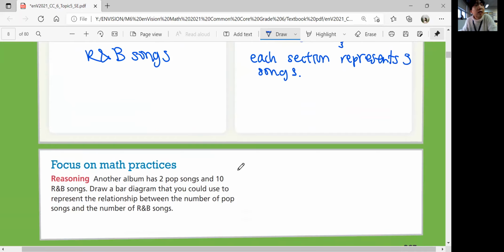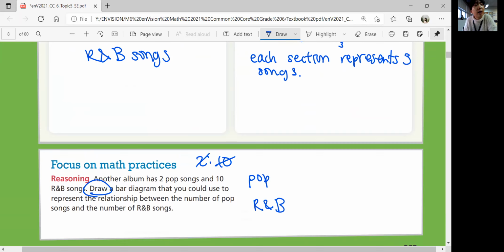Focus on math practices. Another album has 2 pop songs and 10 R&B songs. Draw a bar diagram that you could use to represent the relationship between the number of pop songs and the number of R&B songs. So pop songs and R&B songs, you have a 2 to 10 ratio. So how can you simplify that?